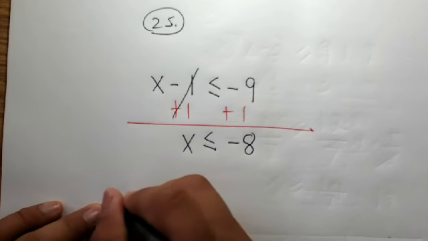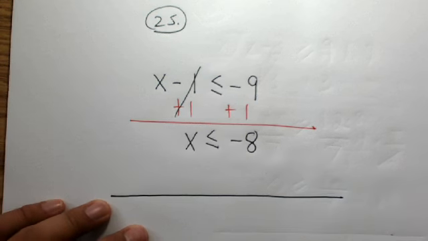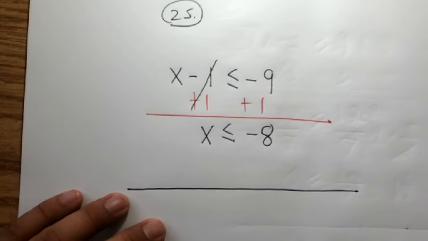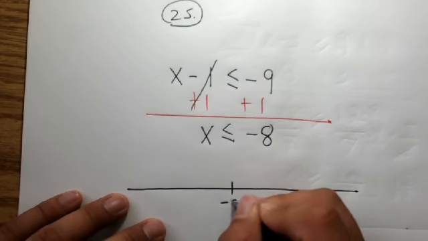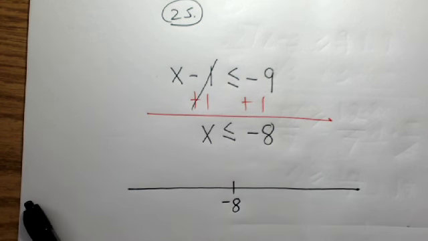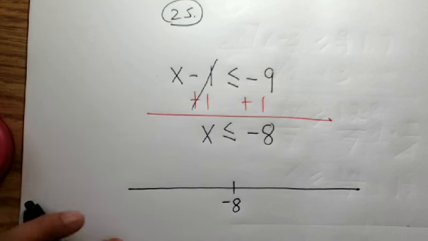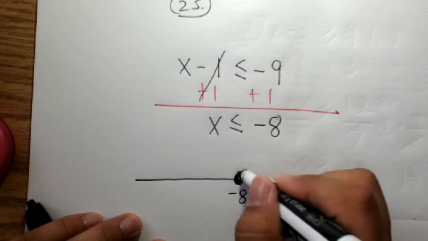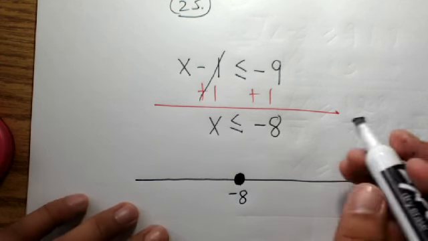Then, if we draw a line, and we put a negative 8, would that circle be an open circle, or would it be a closed circle at negative 8? Closed? What direction would it be pointing to?